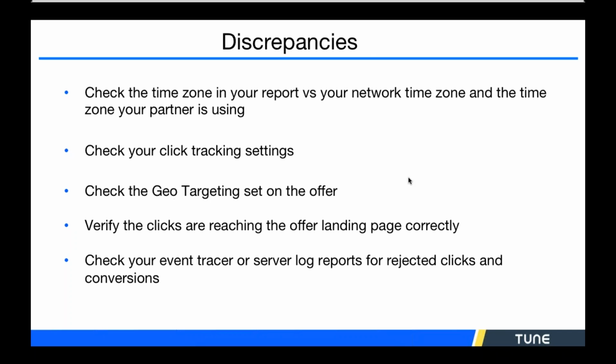We also want to check the geo-targeting set on the offer. This happens a lot where the advertiser will have targeting set on the offer and the Has Offers ad network will not. So if my ad network is not targeting my offer, but the advertiser is targeting the United States, and I generate a click from Canada, the Has Offers network is going to record that click because there's no geo-targeting set on the offer, but the click won't actually make it to the advertiser landing page because the advertiser is geo-targeting and will reject that click.